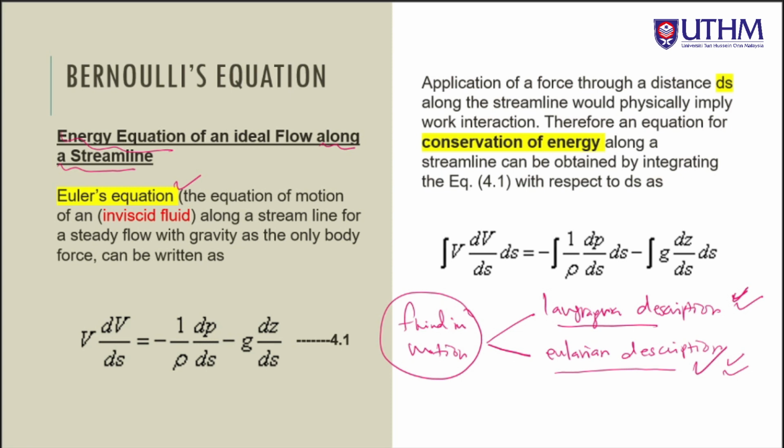That is the description based on Eulerian. So know the difference between Lagrangian and Eulerian. For Lagrangian we follow that particle. However, for Eulerian we set a box with an inlet and an outlet, then we observe what happens in that particular volume, what happens to the fluid motion.